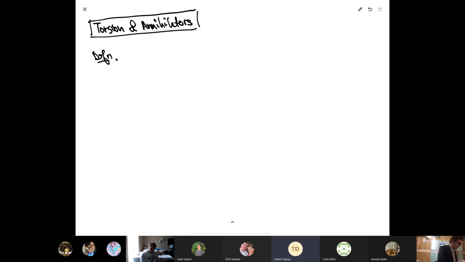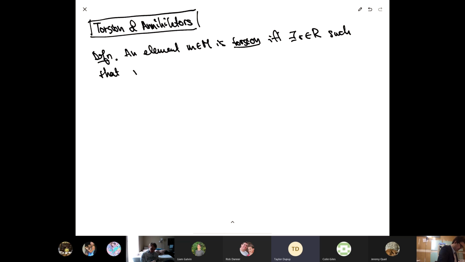An element m in M, where M is an R-module here, is torsion if and only if there exists some r in R such that rm is 0.